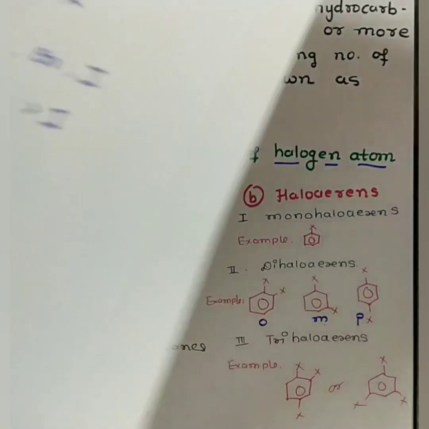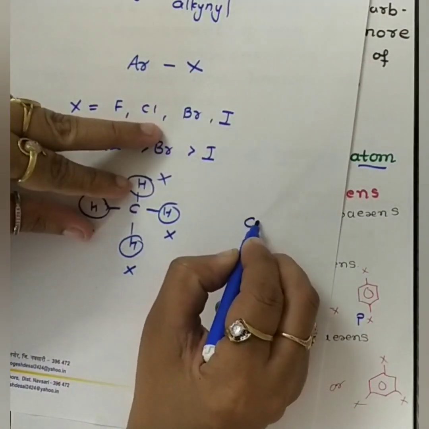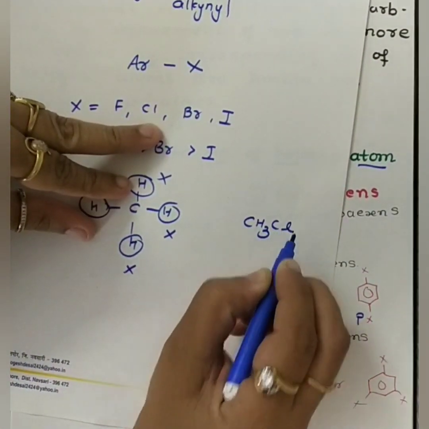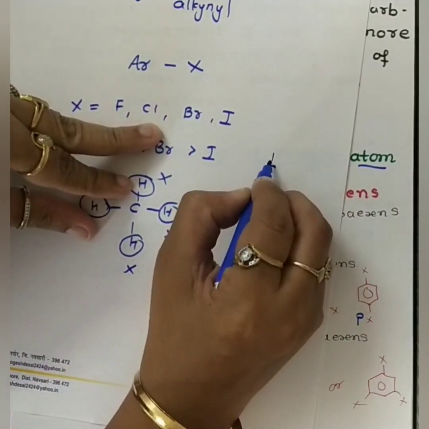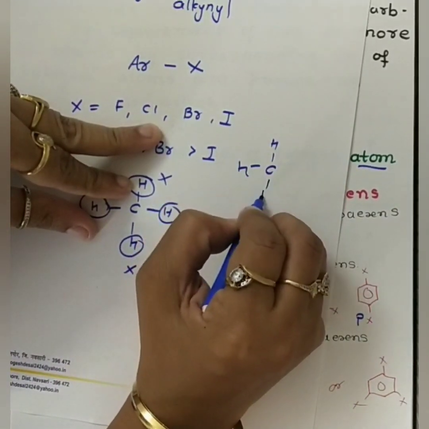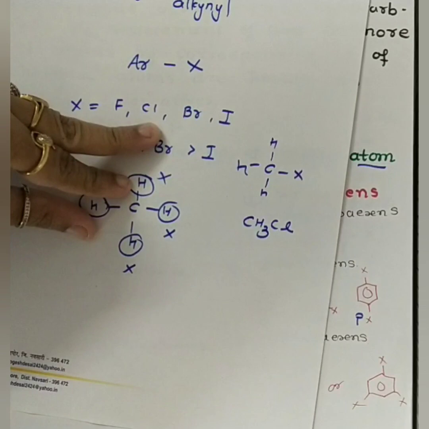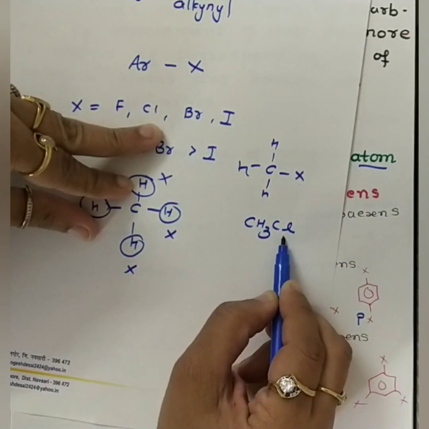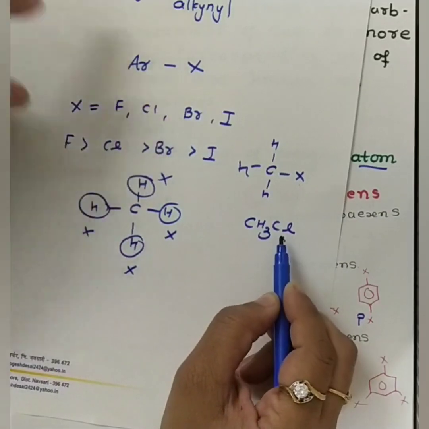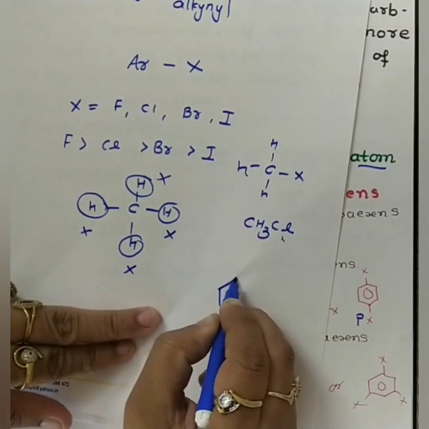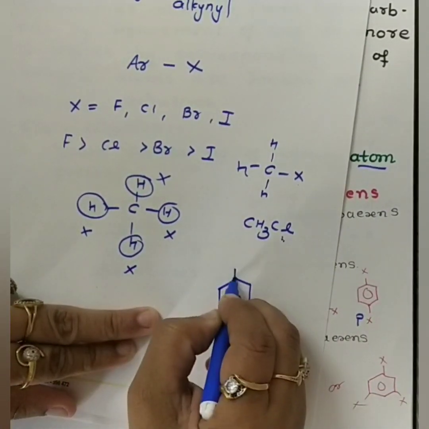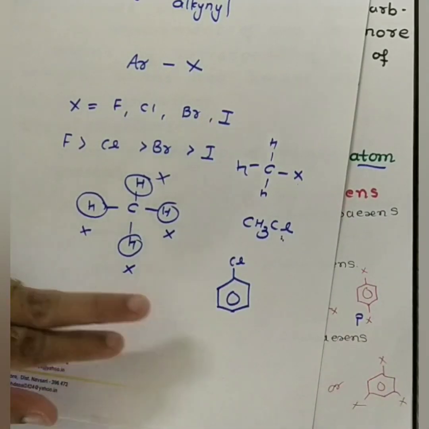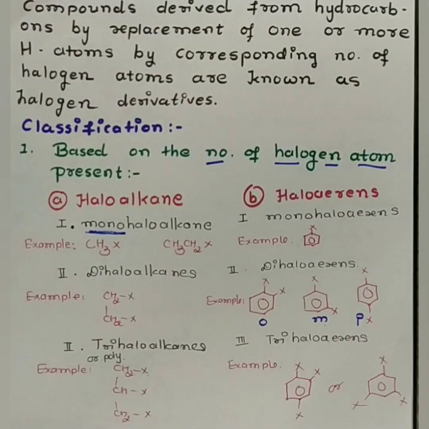For monohaloalkane, you can write CH3Cl. While writing RX, X is a symbol. Instead of X, you can mention chlorine, fluorine, bromine or iodine. Similarly, for haloarene, you can give an example like chlorobenzene, bromobenzene, iodobenzene, anything.